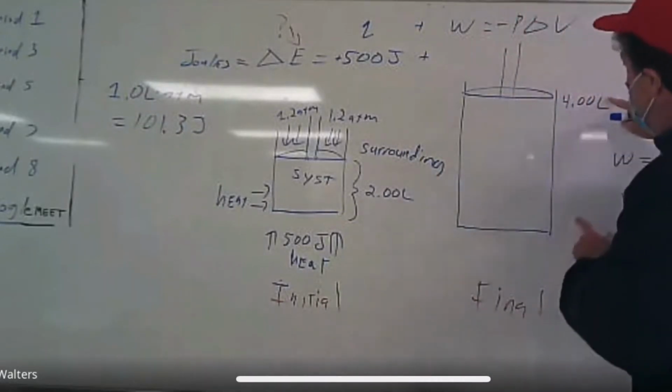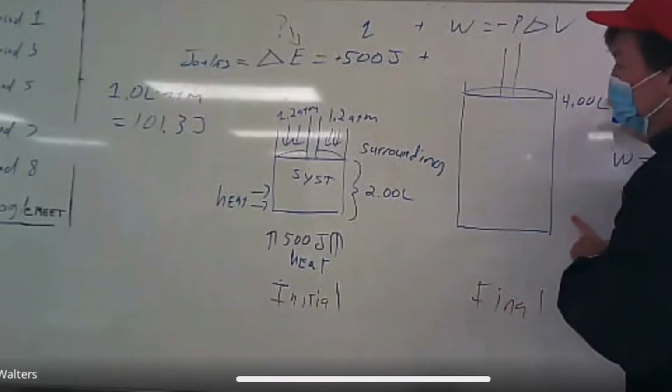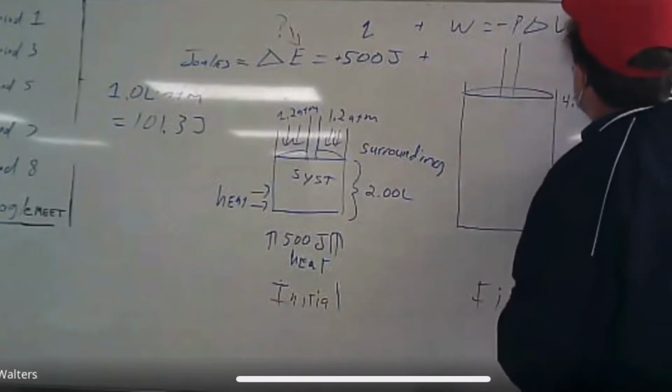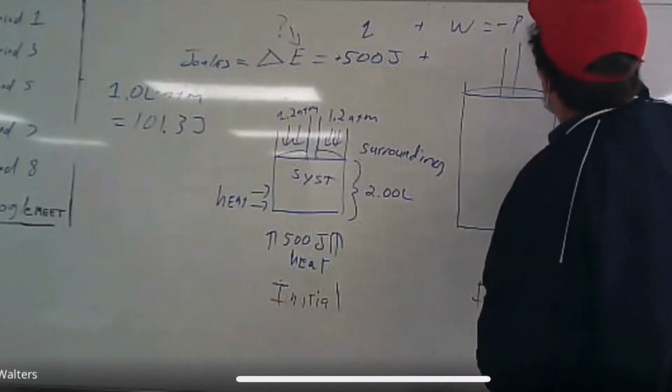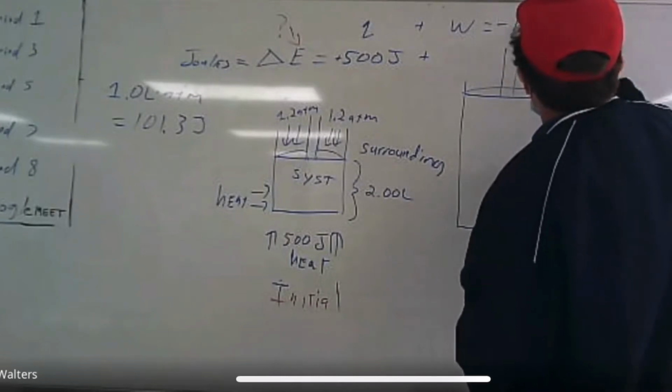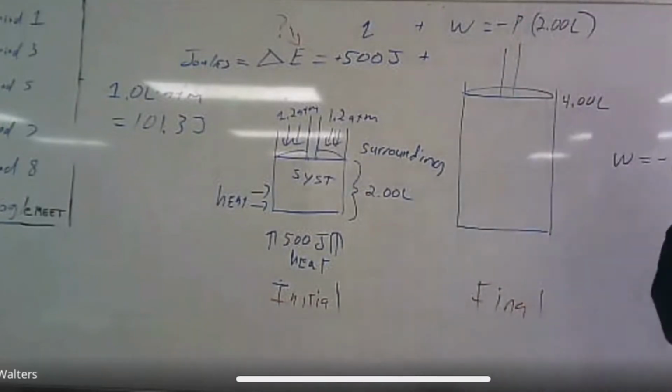So notice the final is 4.00 liters. The initial is 2. So our change is going to be 2.00 liters. That's our delta V.